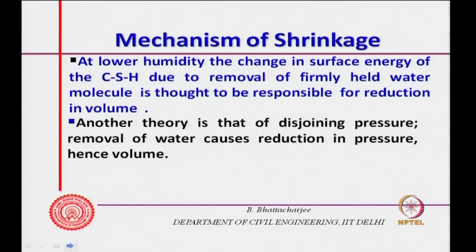So, there is another theory. The first one was the capillary tension theory, as we said. The second one is surface energy. As we are removing the water, surface energy changes occur, and that results in reduction in volume, and that is why shrinkage occurs.